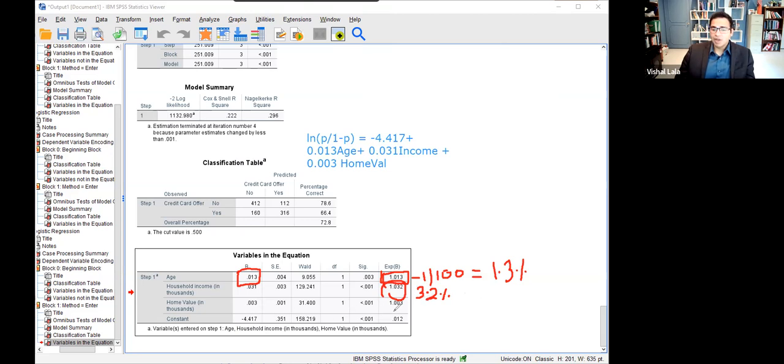Furthermore, when home value goes up by $1,000, likelihood of signing up for a card goes up by 0.3%. That is 1.003 minus 1 times 100 is 0.3%. Okay. This is how you interpret the regression coefficients in a multiple logistic regression equation.